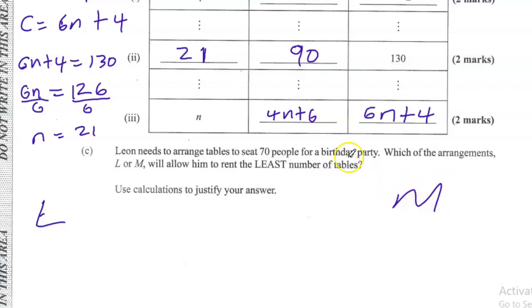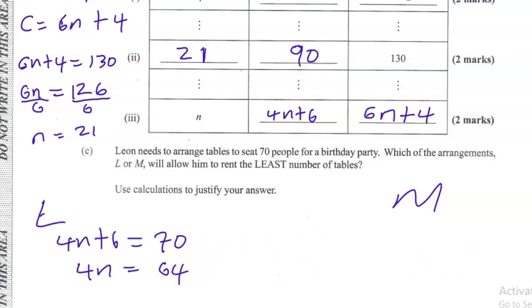If he uses arrangement L, 4n plus 6 equal to 70. Subtract 6 from both sides. We end up with 70 minus 6, which is 64.